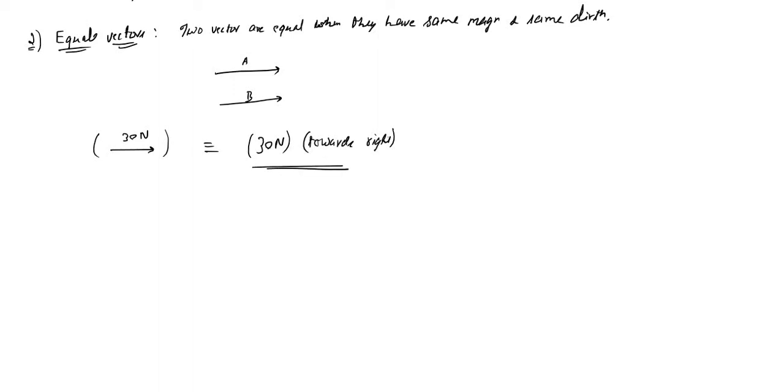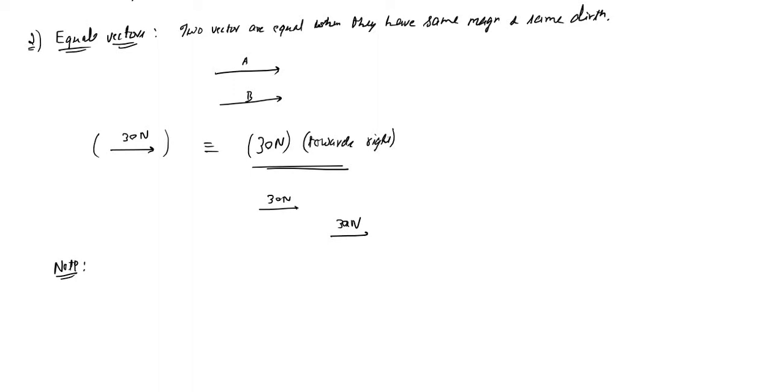Now, if we want to draw this 30 Newton towards right, we can draw it here, or we can draw it here. Why? Because 30 Newton is not just this arrow which is drawn on the paper. This vector is a physical quantity and we can draw it anywhere. So from here, we have a very important point: vectors can be shifted parallelly in space.